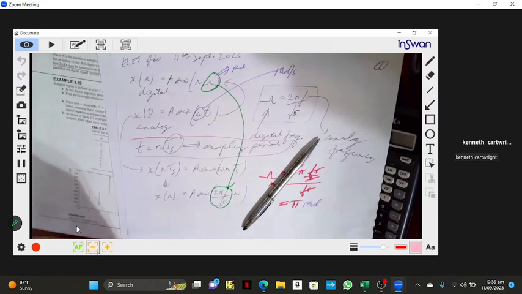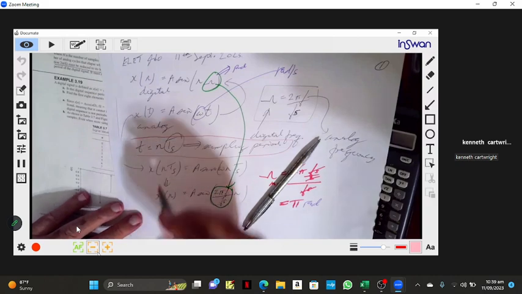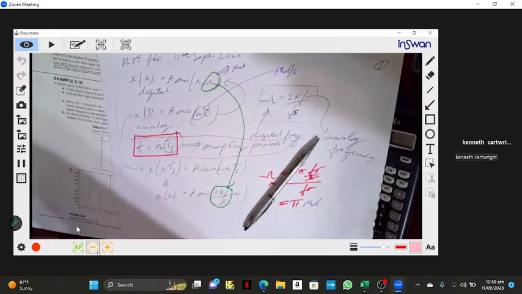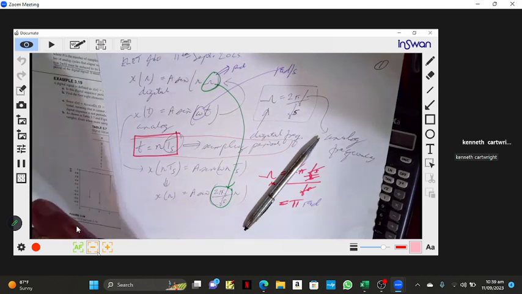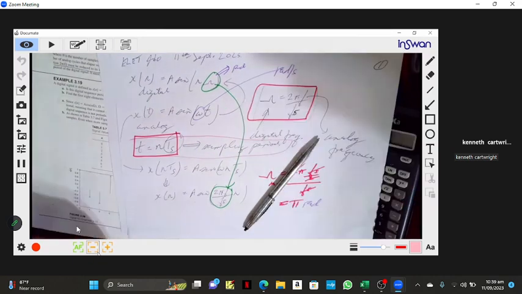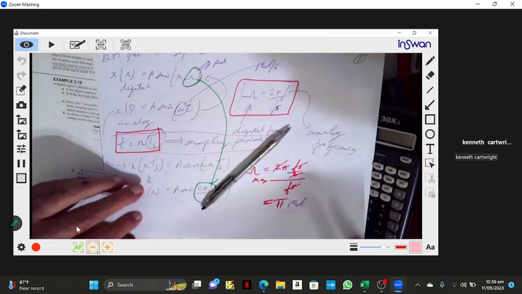Because when we start talking about filters, we can come back and we won't have to use that again. T in the continuous time domain equals n times Ts. Burn that in your head.